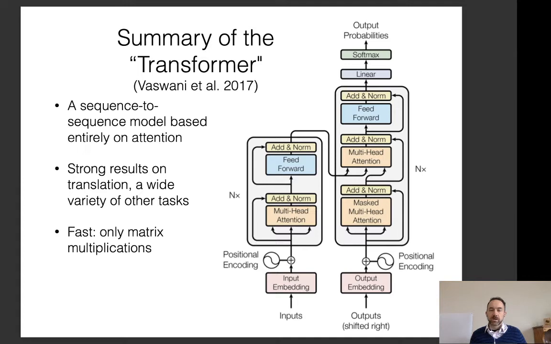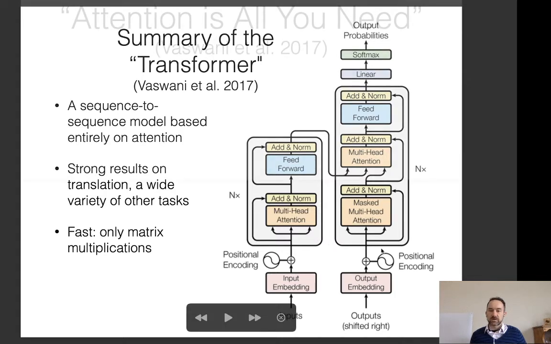And then after that, you run a whole bunch of blocks of multi-head self-attention and feed-forward networks. And this is done for the encoder part. So as I mentioned before, we can essentially swap in self-attention for recurrent neural networks. And then on the decoder side, the decoder also uses attention, where it has self-attention and cross-attention. So it attends to the input, and then it has a feed-forward network here.